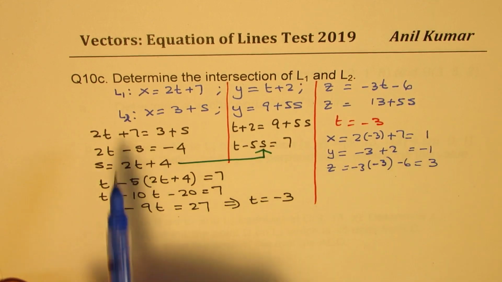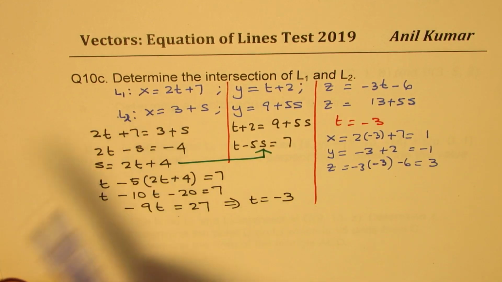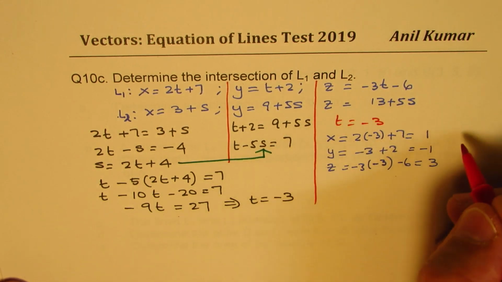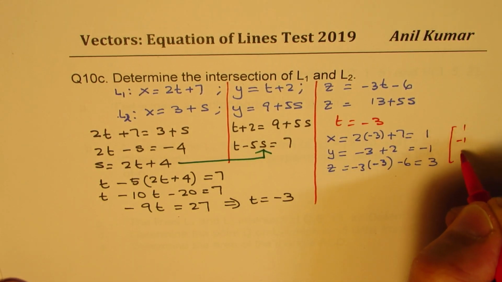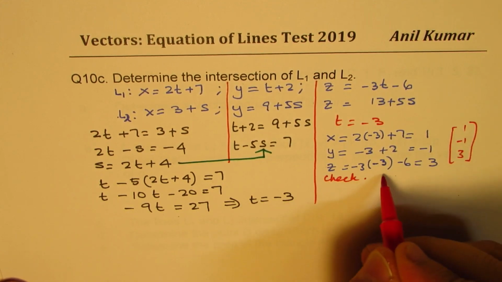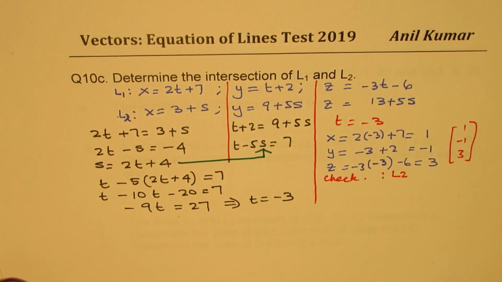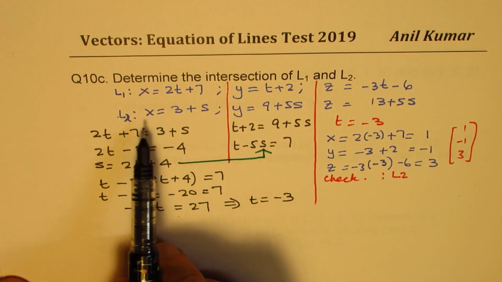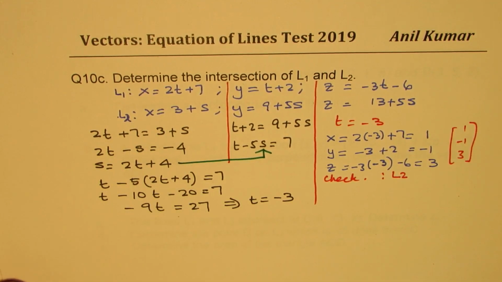Now you should verify from line L2 also. So let's check using line L2. Sometimes we could have skew lines, correct? That is the whole concept.